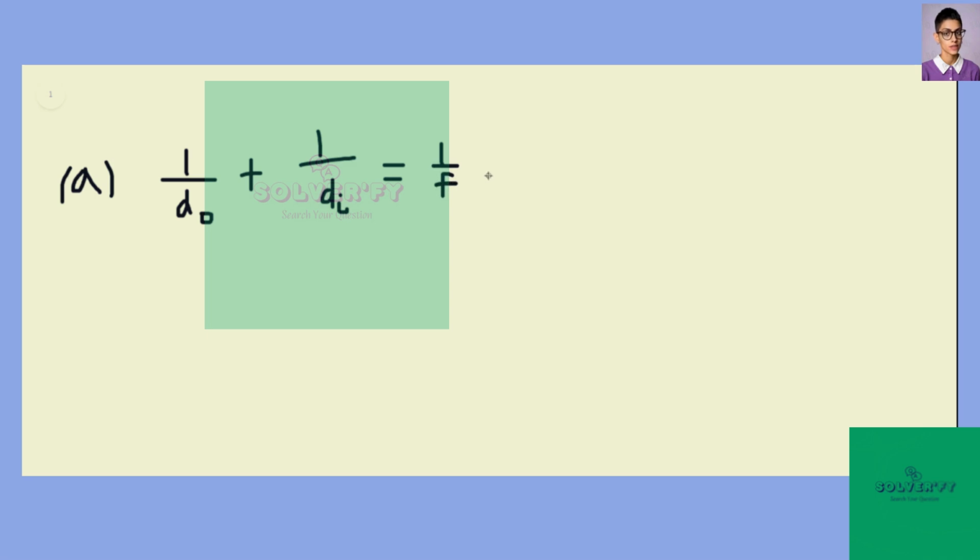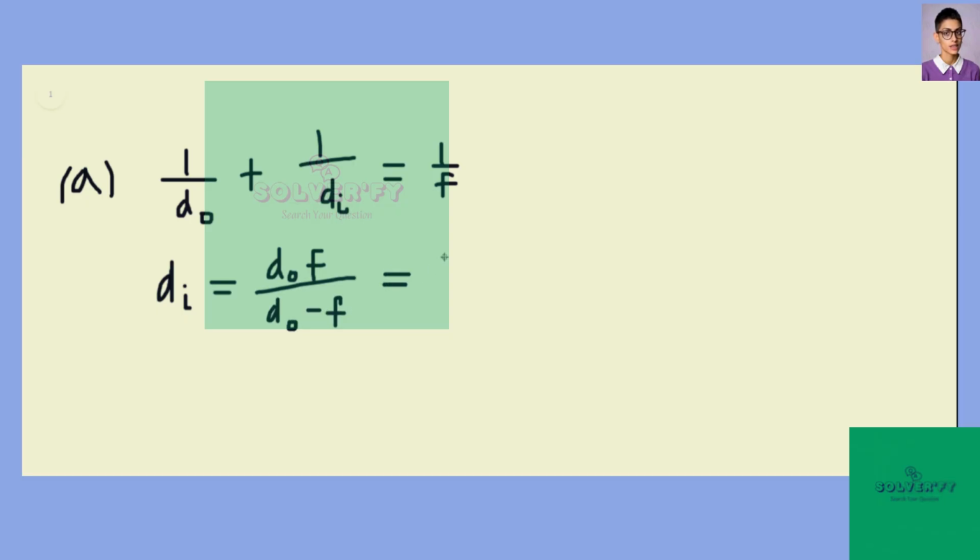Therefore, the distance to the image, d sub I, is equal to the distance to the object multiplied by the focal length divided by the distance to the object minus the focal length.